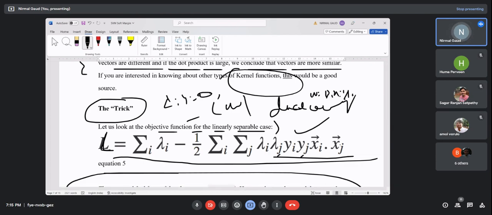They are saying it's a dot product of two vectors, that is why it's a kernel function. A kernel function is a dot product of two vectors, and it can have a minimum value and a maximum value. We are trying to understand some concepts here.